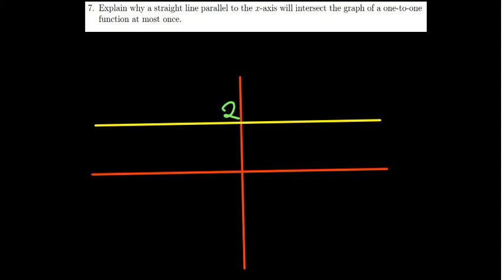For example, if I draw a linear function, which is a one-to-one function, it has only a single value of x that gives us a value of 2. And since a horizontal line parallel to the x-axis has only a single value of y, it will only intersect the graph once. I don't know if that makes sense, but that's the basic argument behind that.